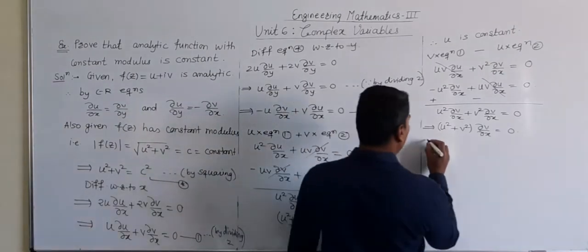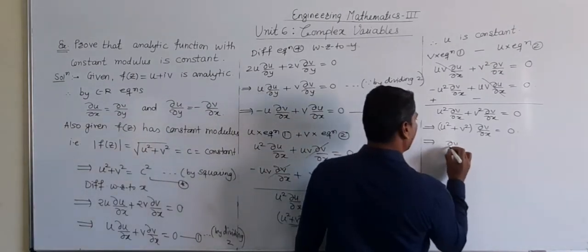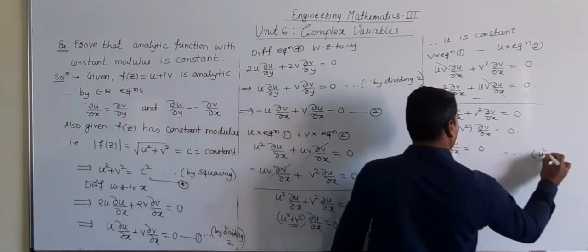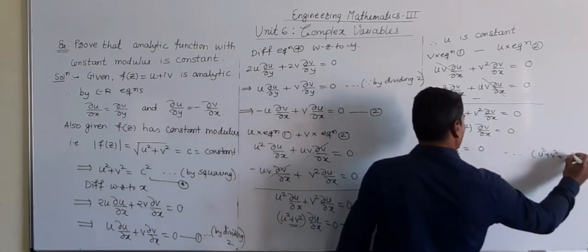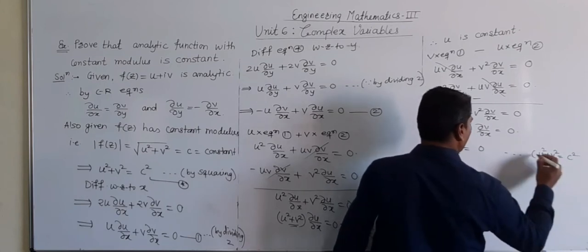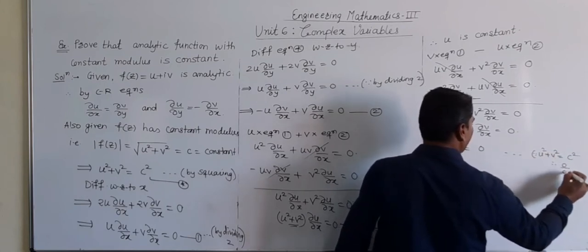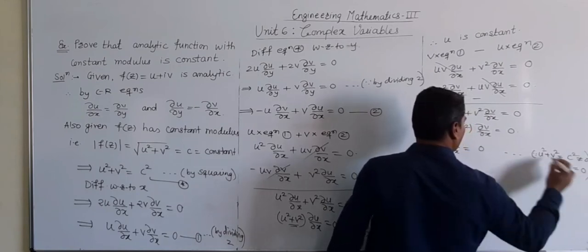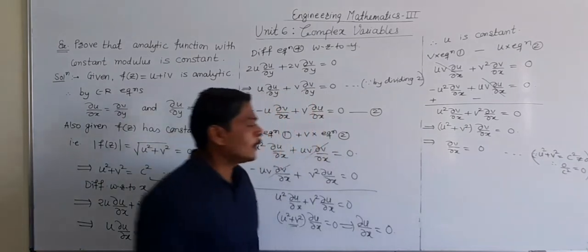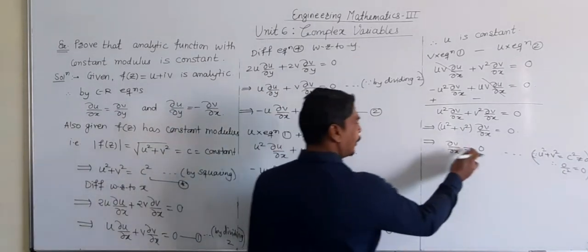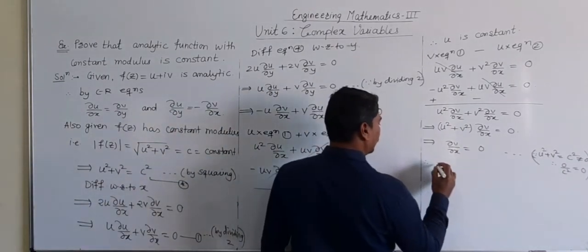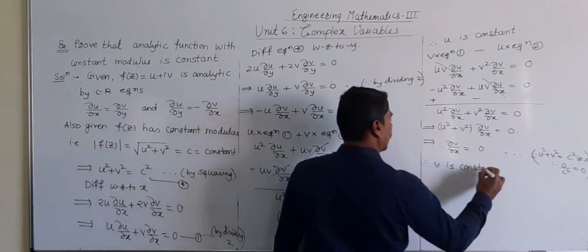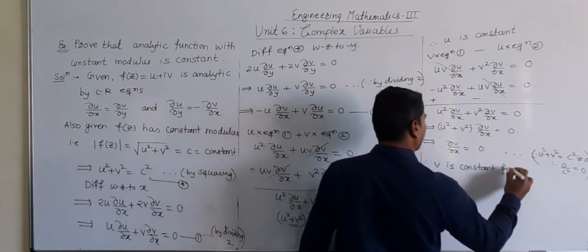In that way we get the partial derivative of v with respect to x is 0, since u square plus v square is c square, and therefore 0 divided by c square is 0. So this is non-zero. In that way we get the partial derivative of phi is 0, and therefore phi is a constant function.